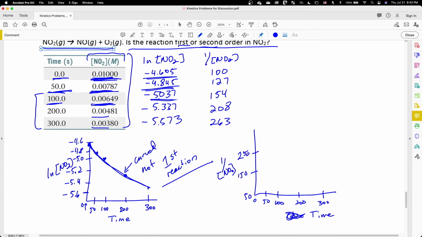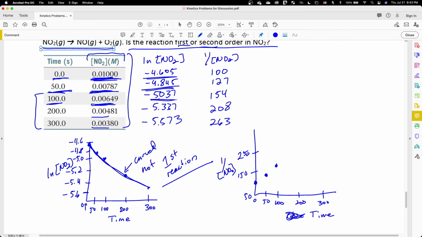All right, so at time 0, I had 100. At time 50, I had 127, which is just below 150. At time 100, I had 154, which is just above 150.